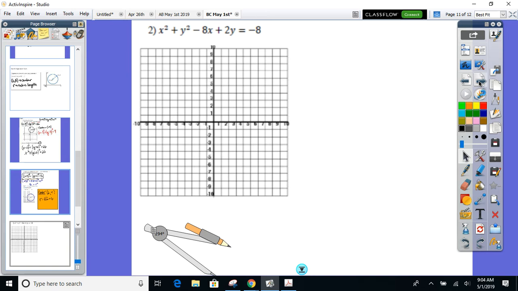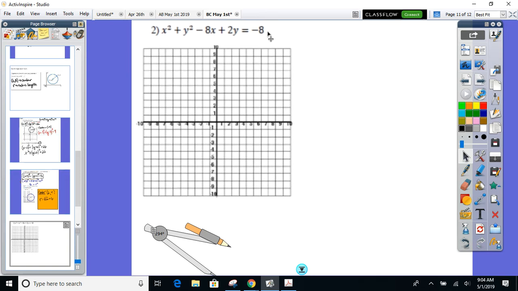All right, so I'm going to hold your hand for this one. How do I get this right here? If you're wondering, this is called the standard form of a circle. What we've been working with is the center radius form. So how am I going to transform the standard form into the center radius form?